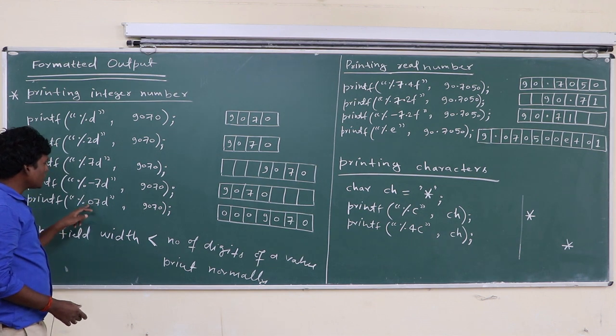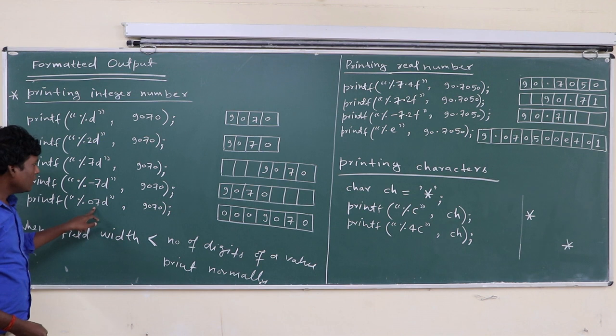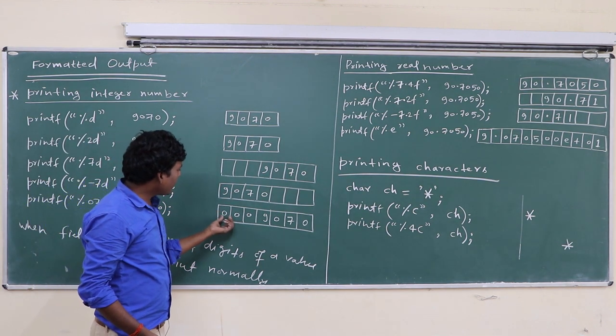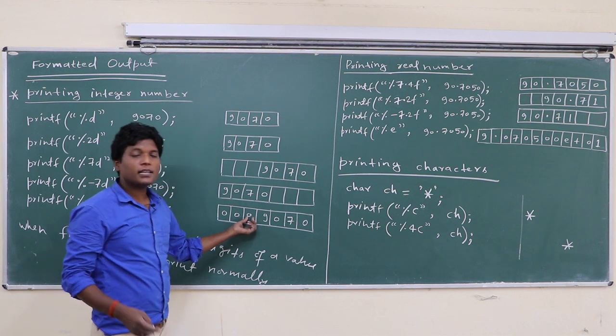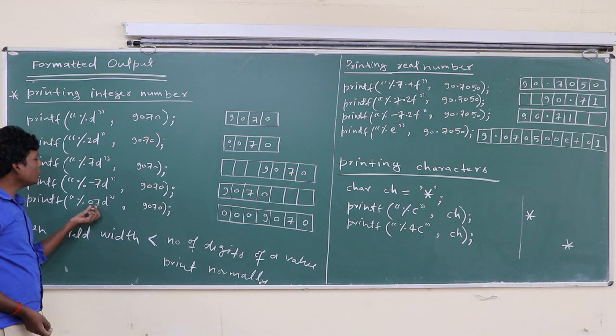And when it is positive and there is a 0 before the 7, as in %07d, the vacant blocks are occupied by 0.